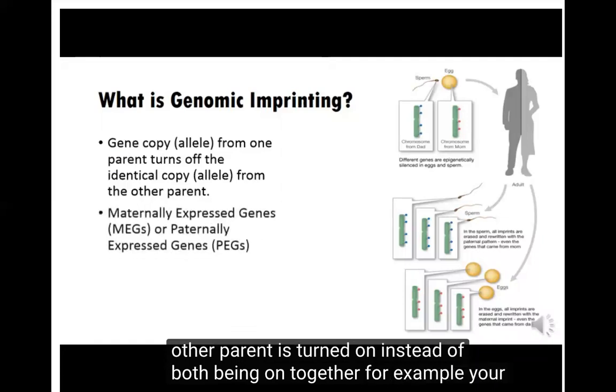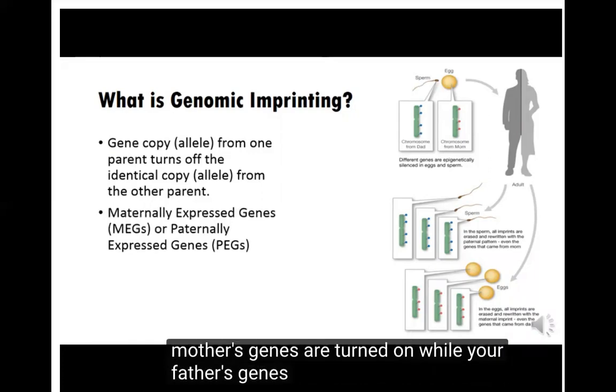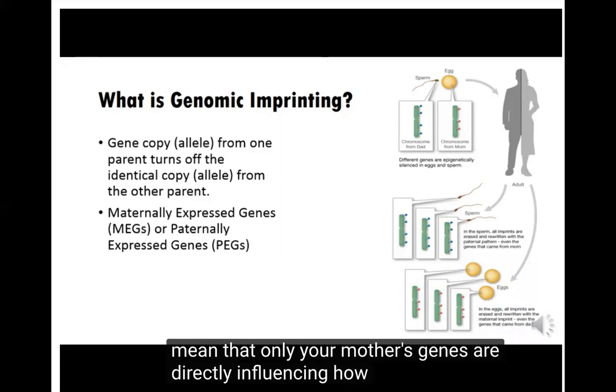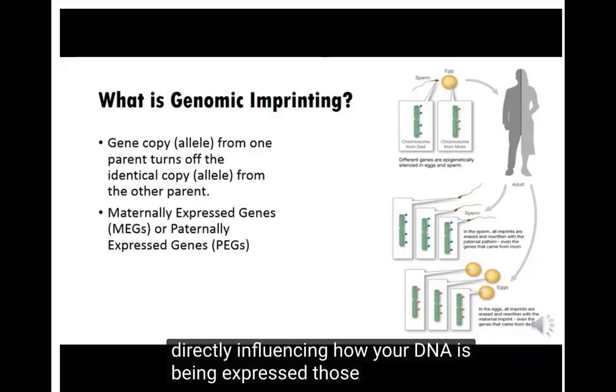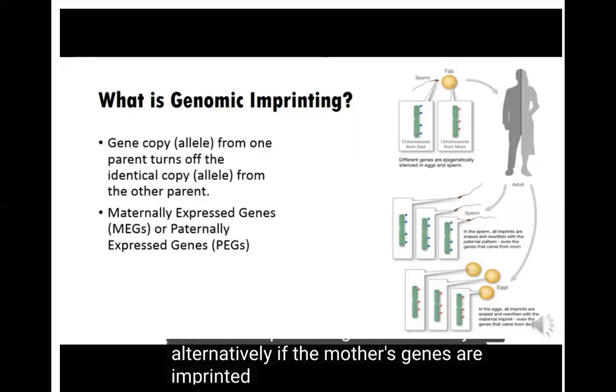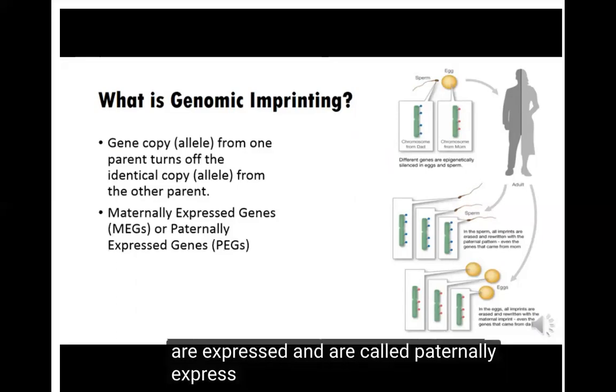For example, if your father's genes are imprinted, then your mother's genes are turned on while your father's genes are turned off. This would mean that only your mother's genes are directly influencing how your DNA is being expressed. Those genes are called maternally expressed genes, or MEGs. Alternatively, if the mother's genes are imprinted, then only the father's genes are expressed and are called paternally expressed genes, or PEGs.